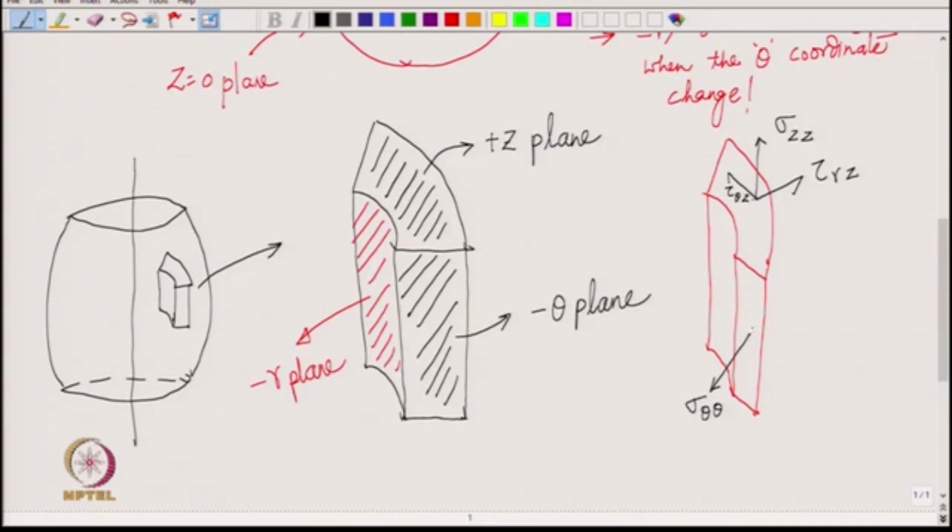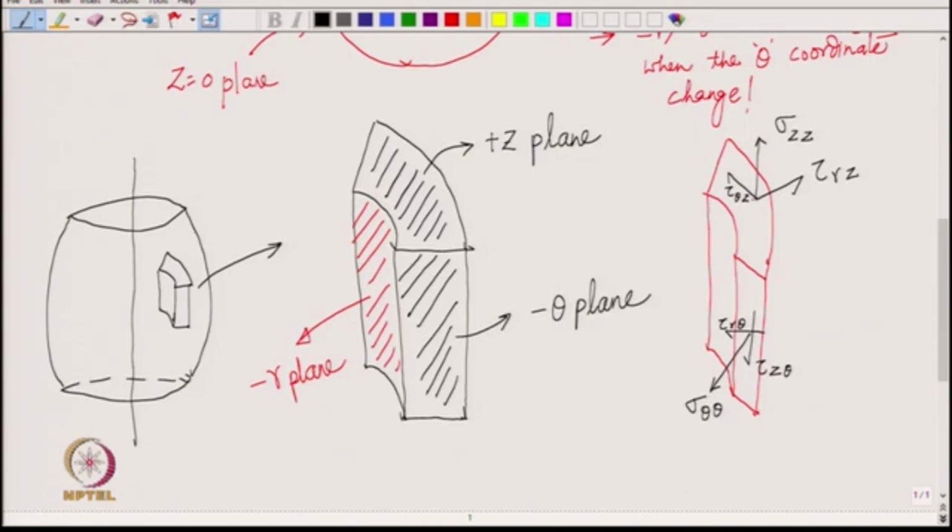So, that again goes down, tau z theta, and then tau r theta, right. You see all the components are pointing in the negative direction because it is the negative theta plane.